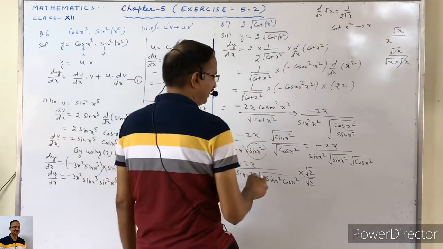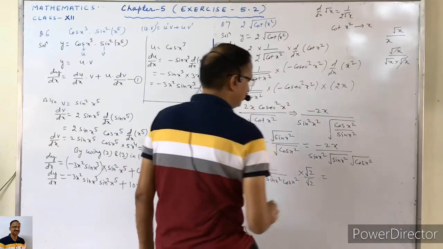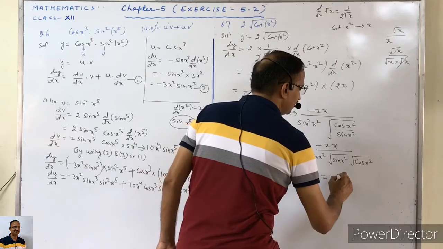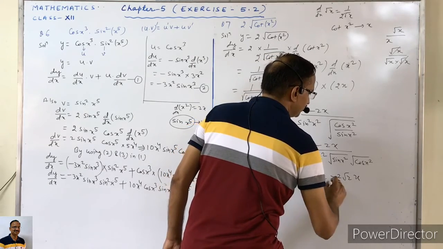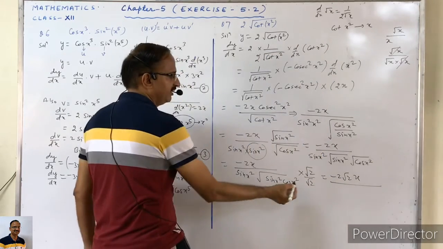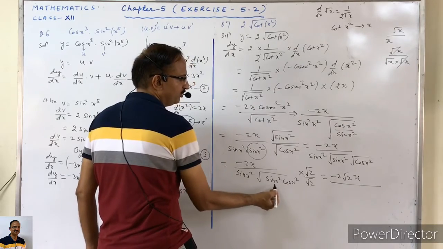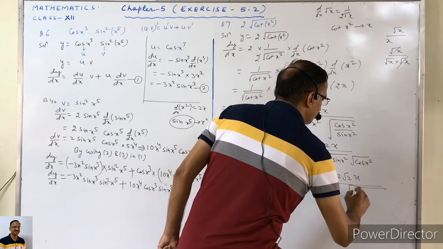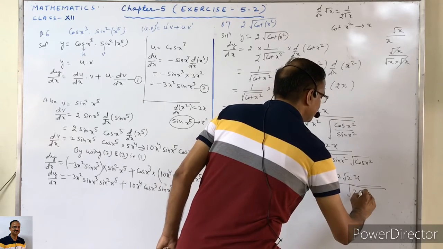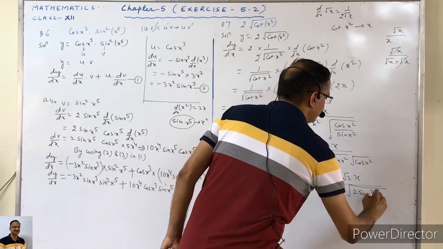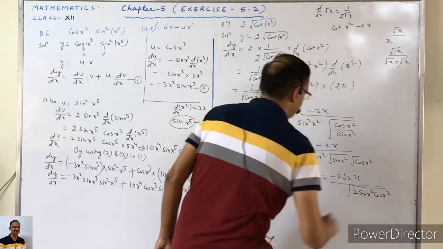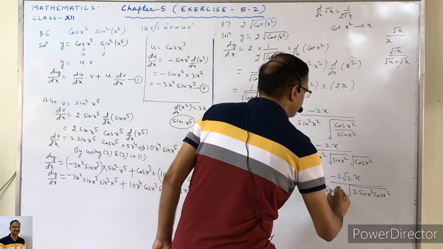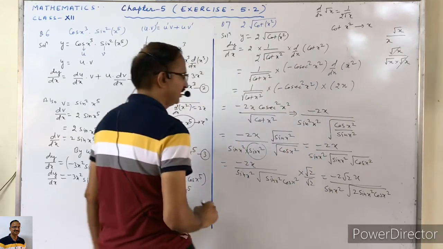So we will get in numerator 2 root 2, so minus 2 root 2x. In denominator, when we multiply this root 2 with this number, this becomes 2 sine x square cos x square, and this sine x square is as it is.